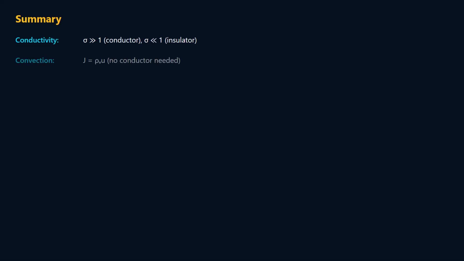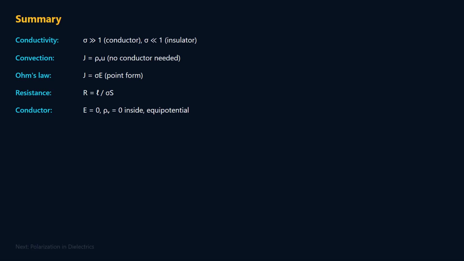Let us summarize today's key results. Materials are classified by conductivity sigma. Conductors have high sigma, insulators have low sigma, semiconductors are in between. Convection current density is J equals ρ_V u.